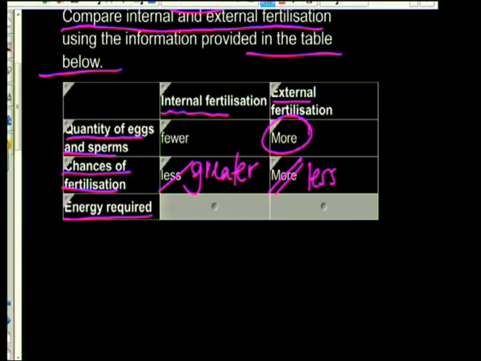Let's unpack that. Why are we saying greater there and why are we saying less there? Greater would mean the chances are higher. Why? Because the eggs and the sperm are inside the body. For them to meet, there's great chance. In fact, generally with internal fertilization, the egg and sperm are moving in opposite directions. So the chances of them meeting is very high. Okay? And in the case of external fertilization, where are the eggs and sperm? They are deposited into the water.